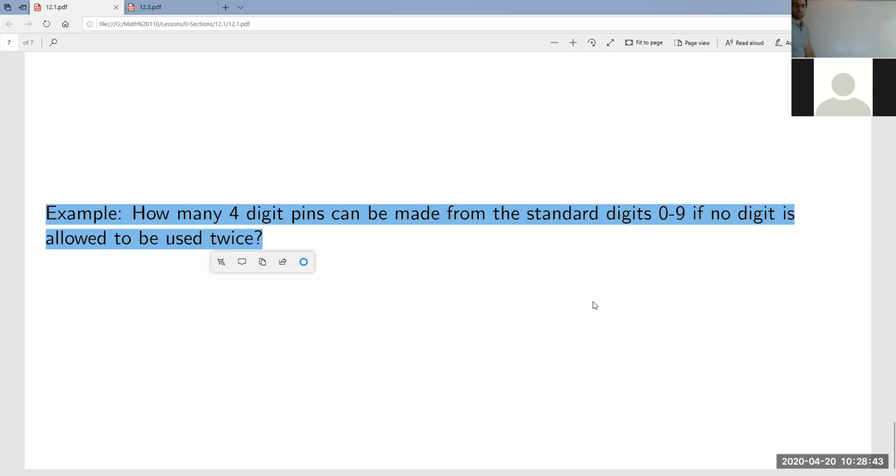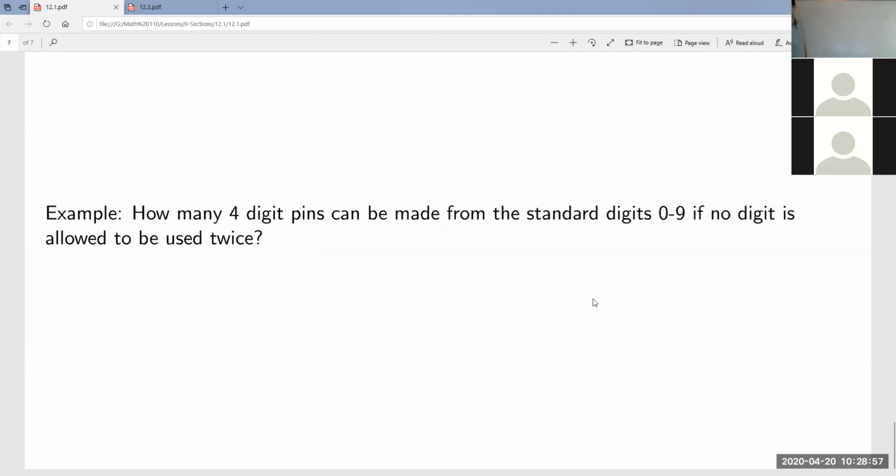So, how many positions do I have? Four, right?